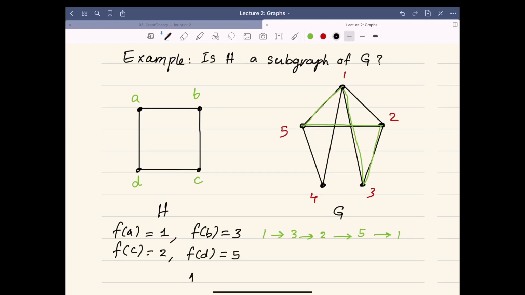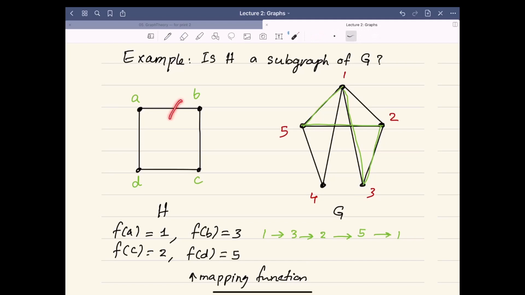So this is the mapping function. This is not enough, and finding the mapping is the problem. Once you find the mapping, what comes next is easy: to check each edge.